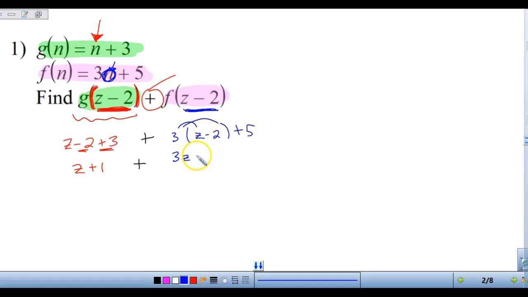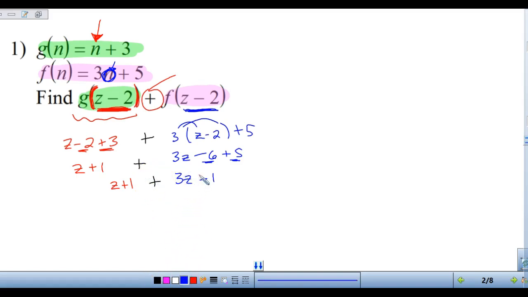So 3 times negative 2 will be negative 6 plus 5. So if I combine like terms on this one, negative 6 plus 5 is going to give me negative 1. So I have 3z minus 1. Alright, so then I bring down the rest of it. So I'll have z plus 1 plus 3z minus 1.